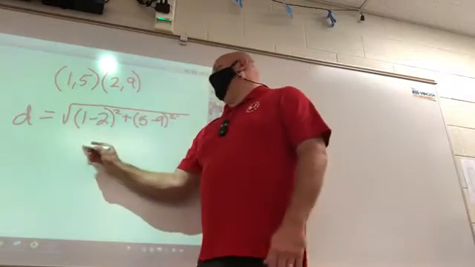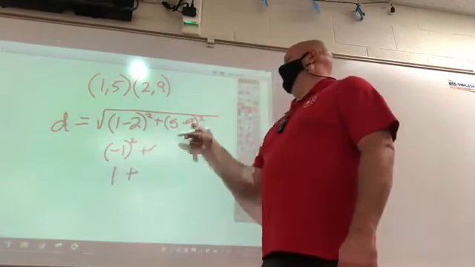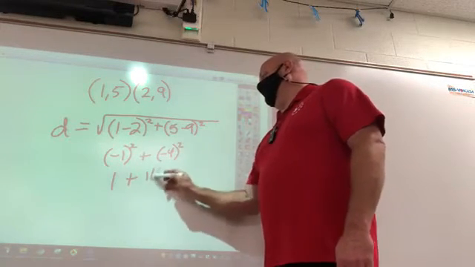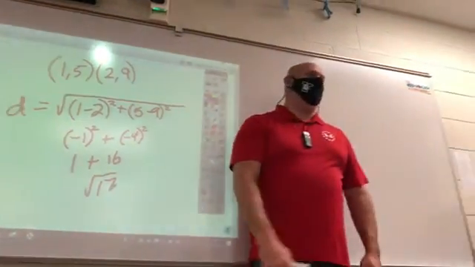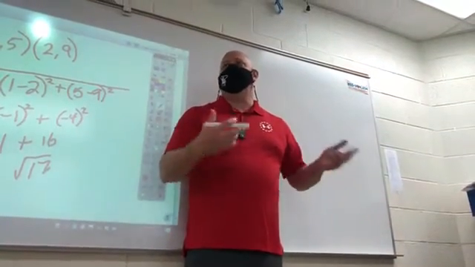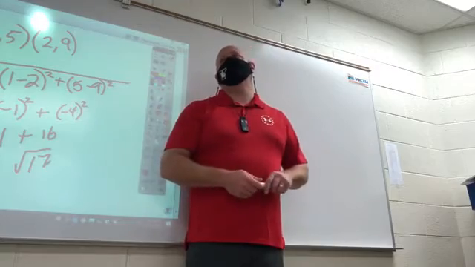So you get negative 1 squared, which is 1. What is that? Negative 4 squared is 16. Now, I'm not going to want a decimal. I don't want 4.2. What I want is a simplified radical. So 2 root 5, whatever. Square root of 17. 17's prime, so that's just going to simplify to square root of 17.